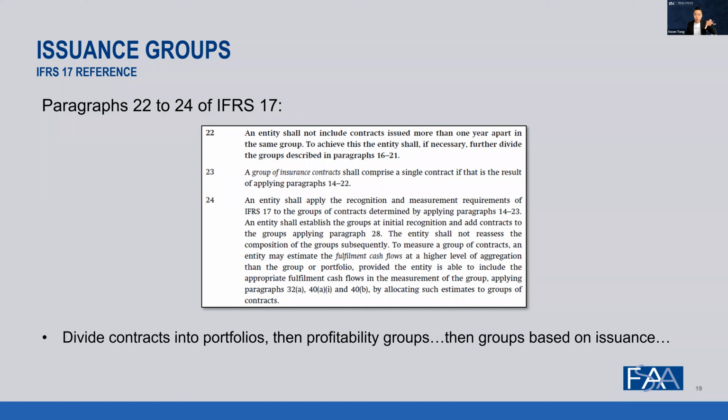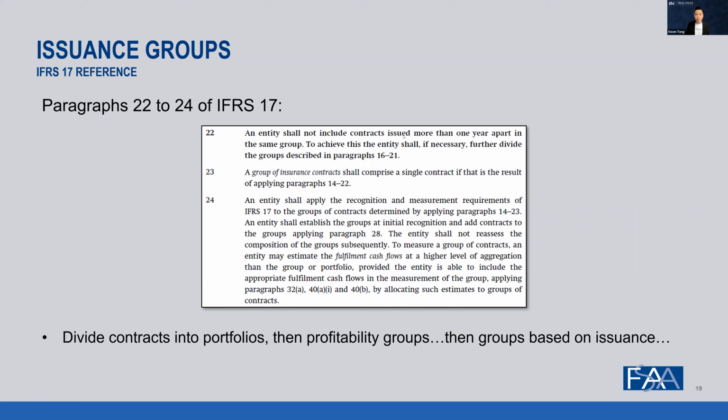You sort them into portfolios, and then you subsort them based on their initial profitability. The next tier down is that you need to sort them into these issuance groups. But you cannot have contracts issued more than 1 year apart within the same group.